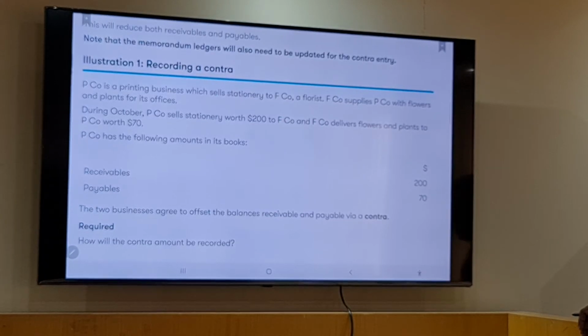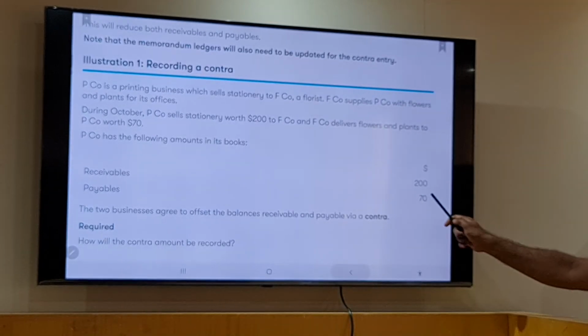During October, P company sells stationery worth 200 to F company. So the invoice value of P company for stationery is $200 to F company, and then F company delivers flowers and plants to P company worth 70.